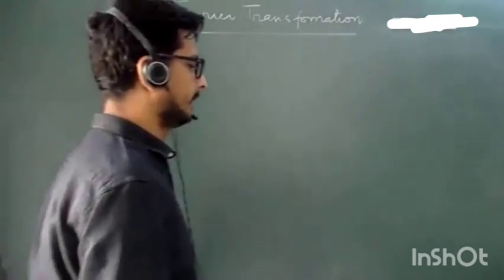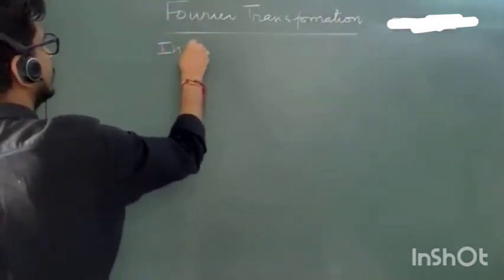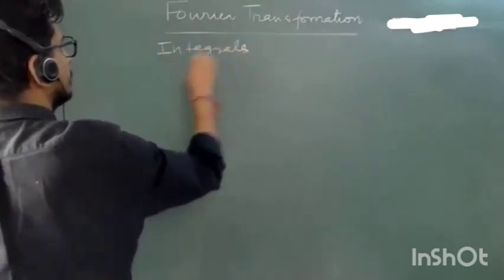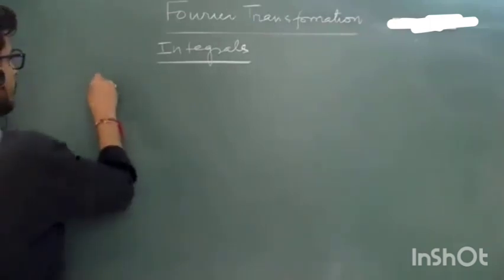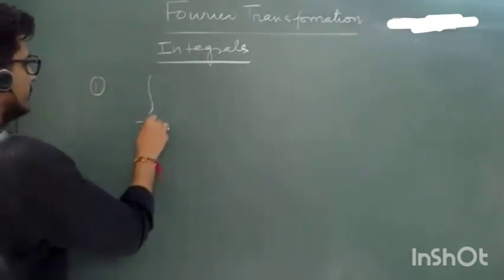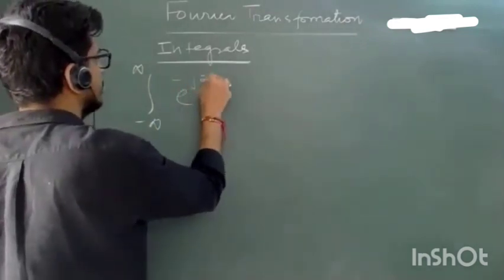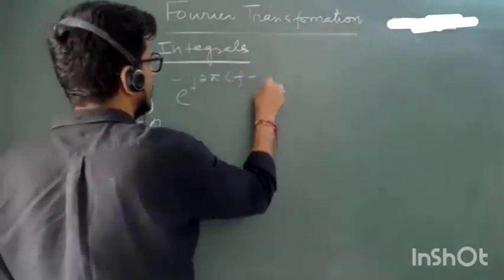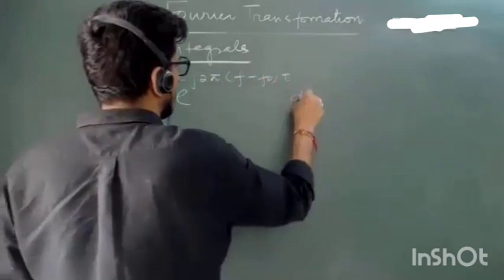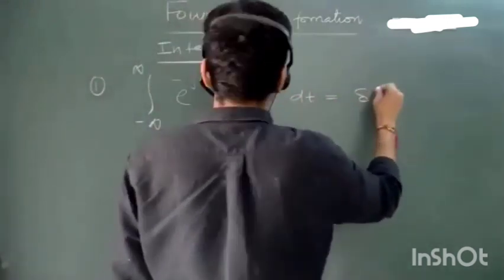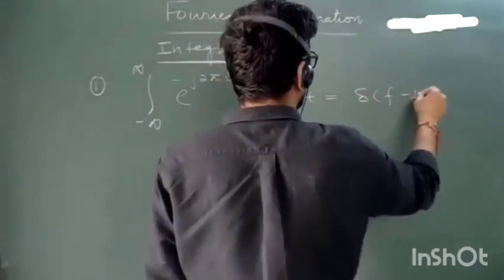Now, there are two integrals that I will be using very frequently, and I should tell you in advance. Number one, the integral from minus infinity to plus infinity of e to the power minus j2 pi (f minus f0) t dt will be the delta function of f minus f0.